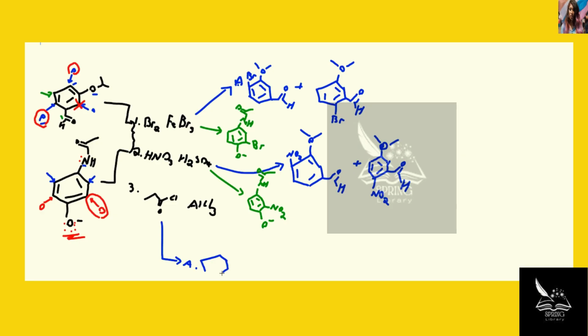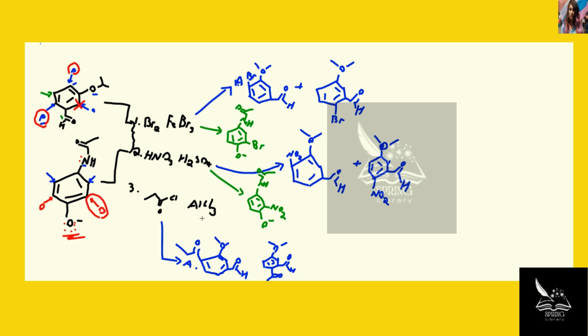So you draw your benzene ring, and now we'll add the acyl group with 1, 2, 3 carbons at the ortho position, but we'll also have an isomer at the para position with 1, 2, 3 carbons as well.